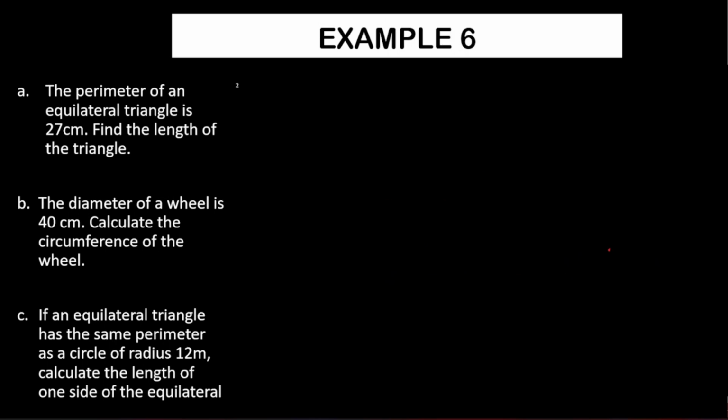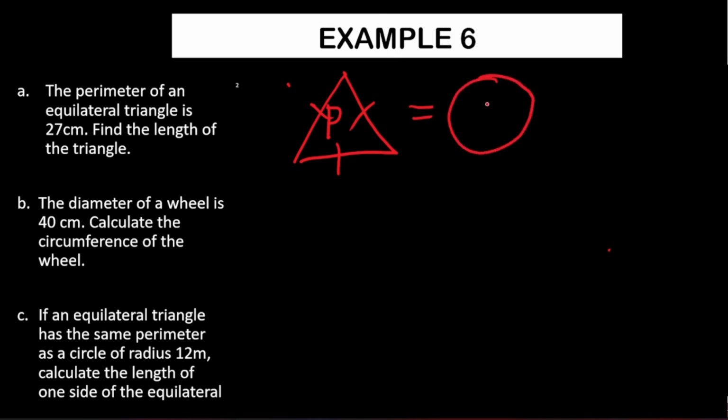We have an equilateral triangle like this. The perimeter of this is the same as the perimeter of this circle. And the radius of this circle is 12. Calculate the length of one side. Which means we need to calculate the perimeter of the circle because we don't know anything about the equilateral triangle.